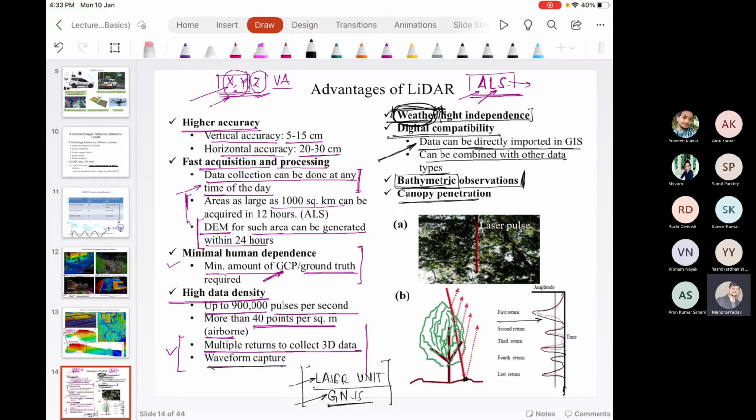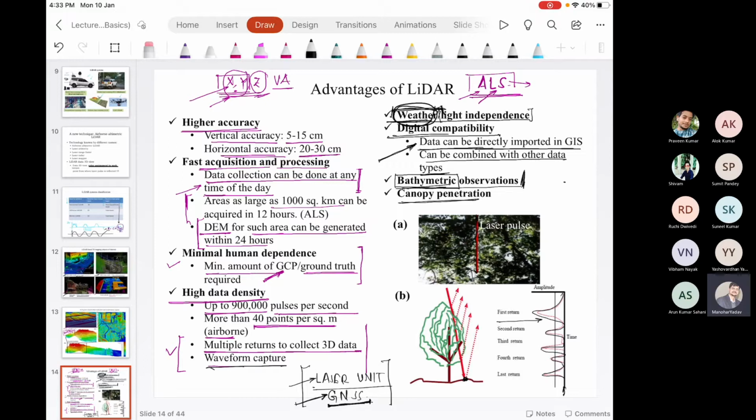So GNSS is used for generating a point coordinate in WGS84. To improve the GNSS measurement, in this case as well, we use base and rover both.